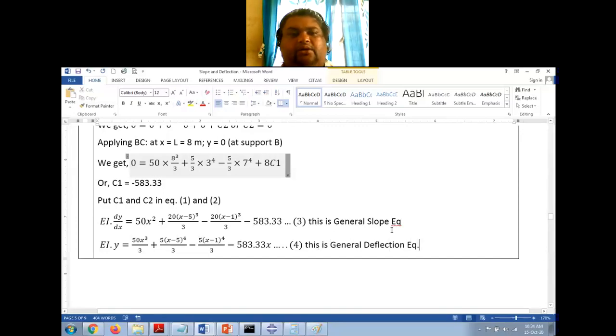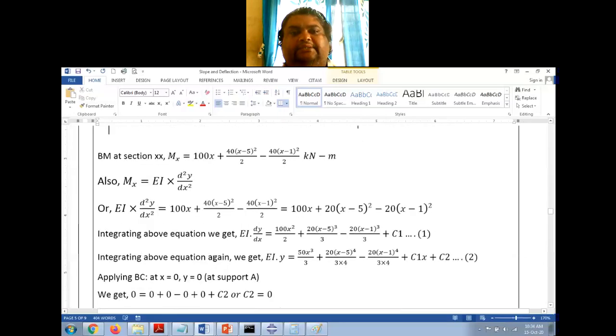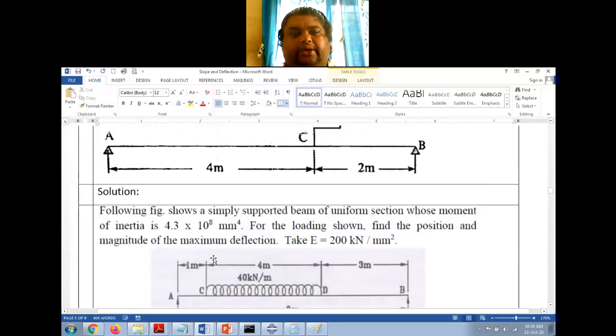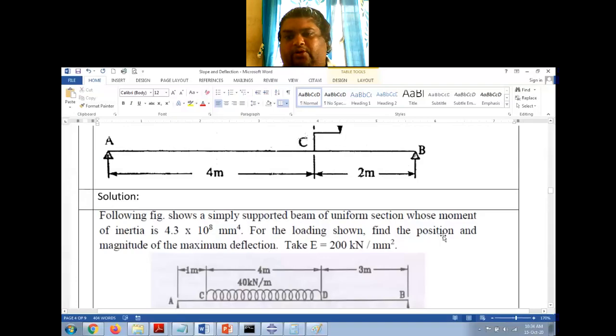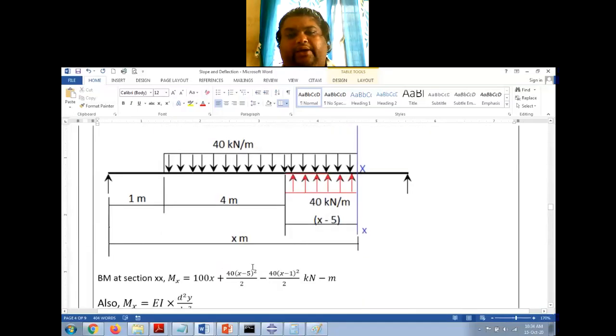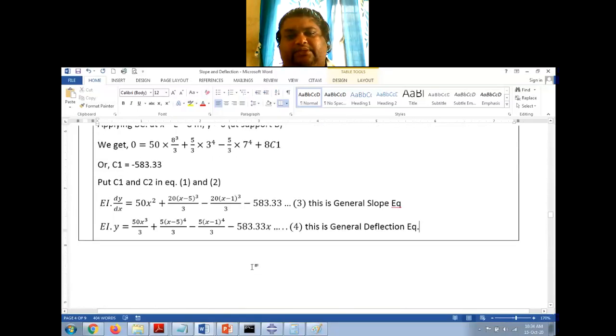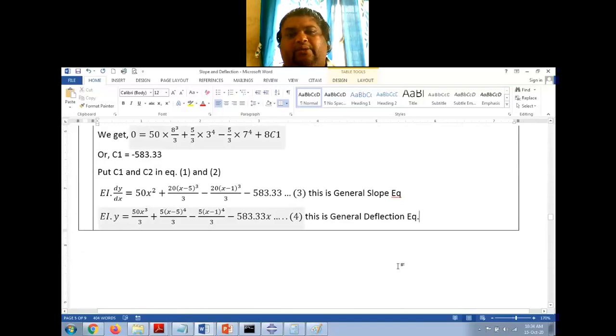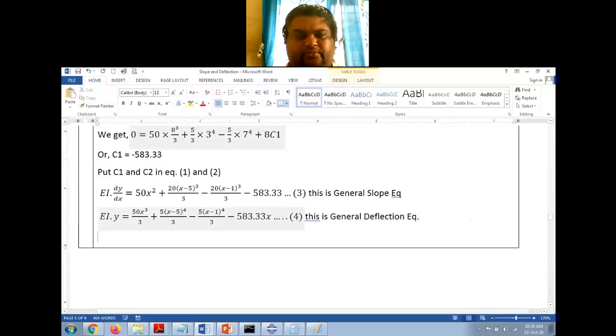Okay, I got both of these equations. Now in the question what he has asked is, find the location or position and magnitude of the maximum deflection. See, where there is maximum deflection, the slope will be 0, right?